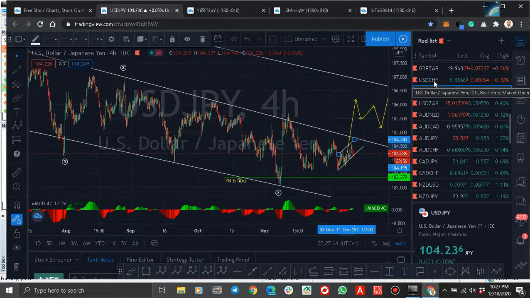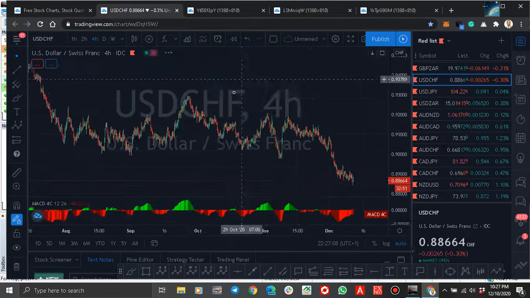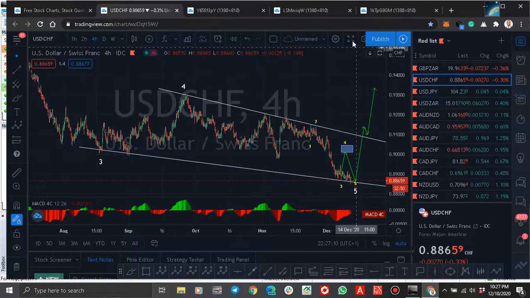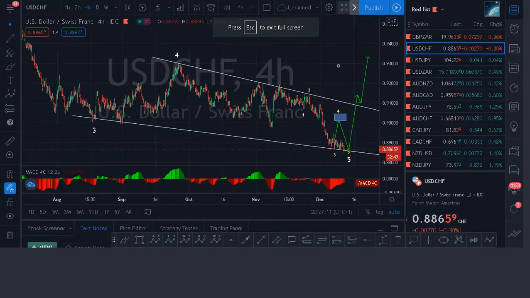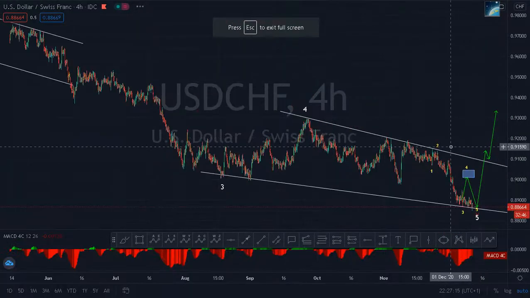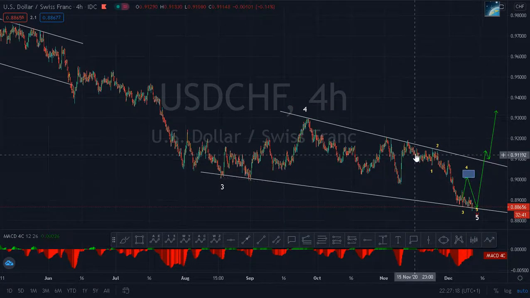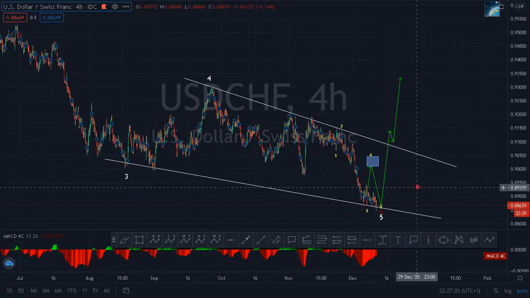What again? USD CHF. This pair, for long I haven't touched it, but let me see what is there. USD CHF is behaving like USD JPY, but all the same, nothing much has changed.